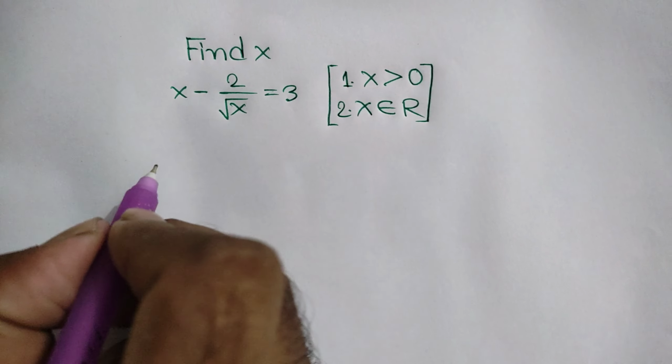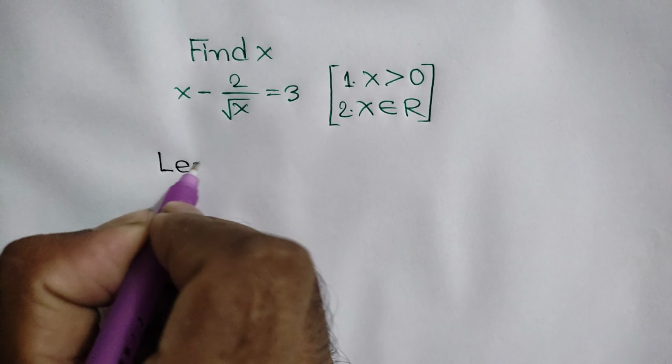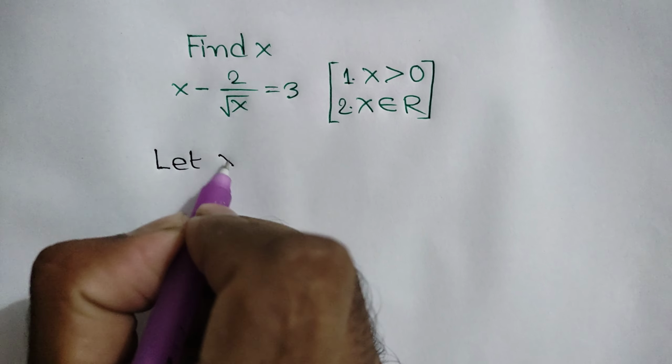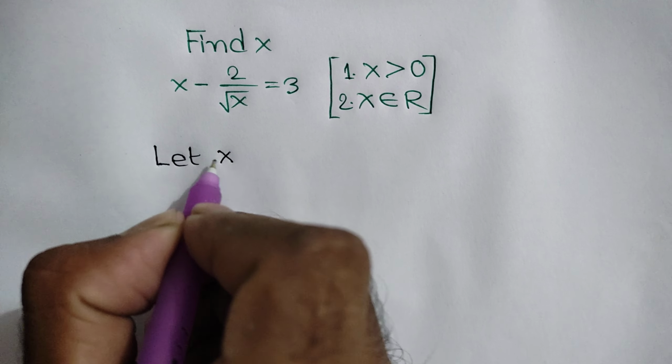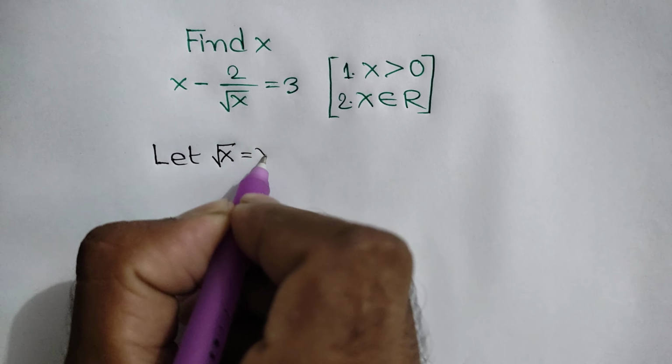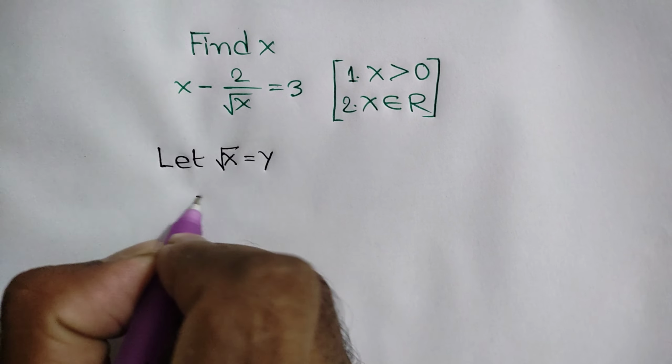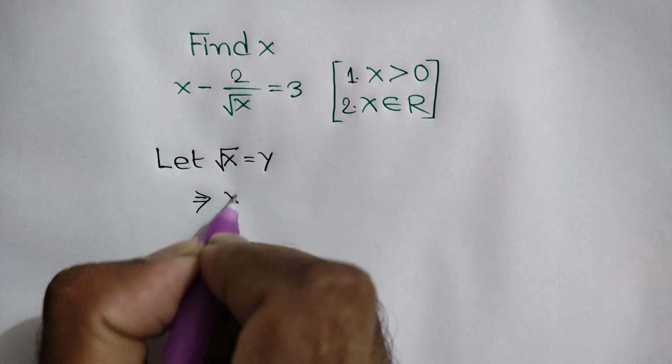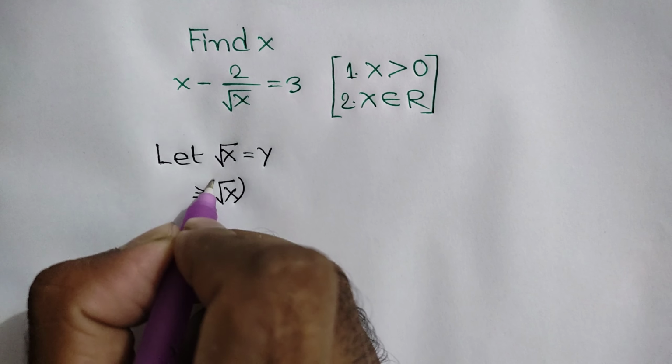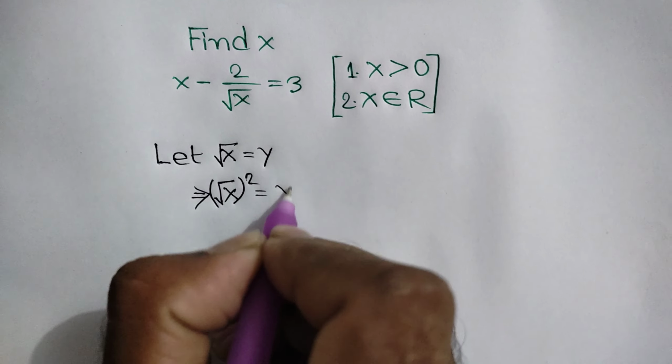Okay, let square root of x be equal to y. Squaring both sides, we can write square root of x whole squared is equal to y squared.